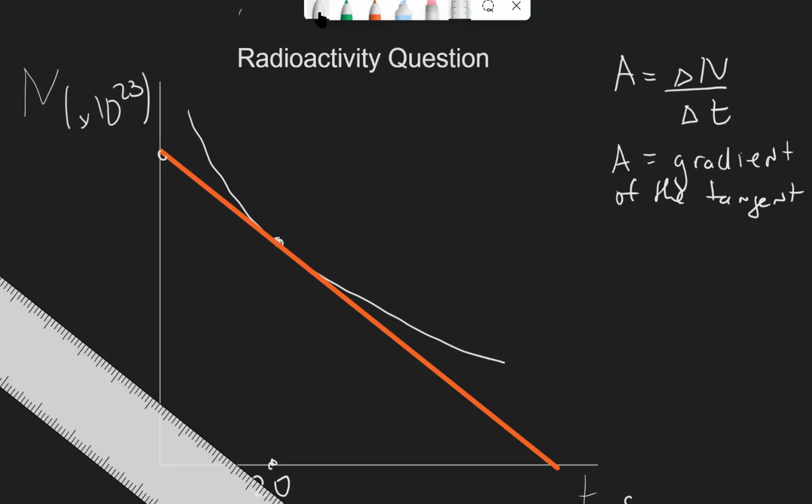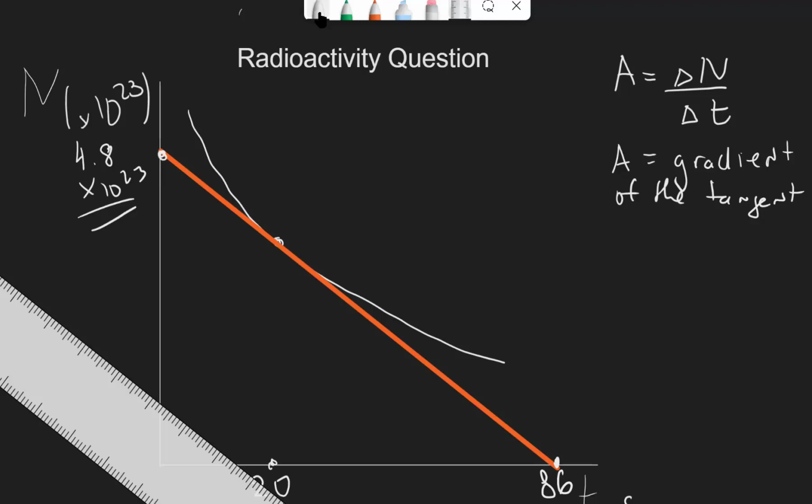It crossed the axis at around 4.8 times 10 to the power of 23, don't forget that, and crossed the x-axis at around 86. And there's a range that's given in the mark scheme, so as long as your values are somewhere close to those, it will be fine.